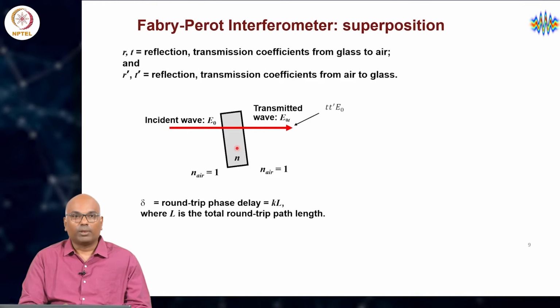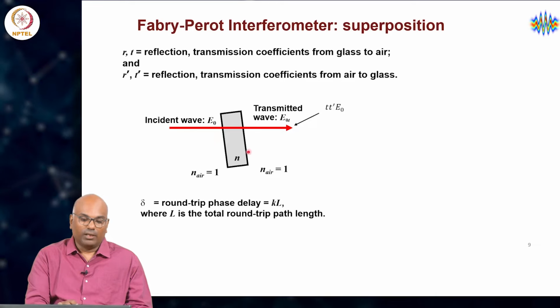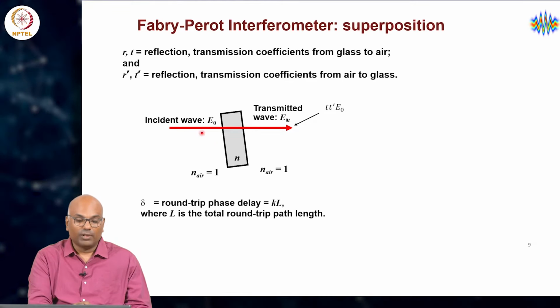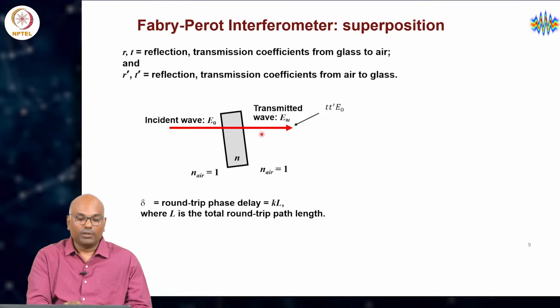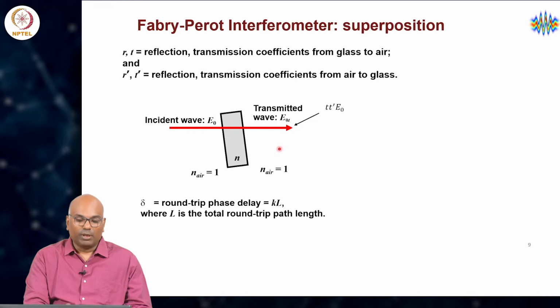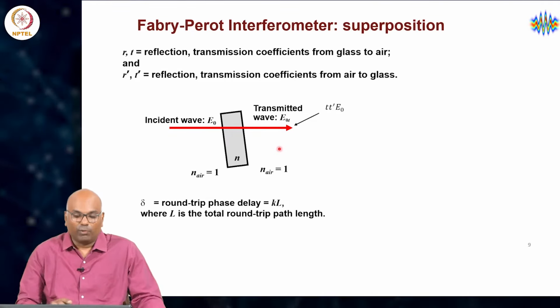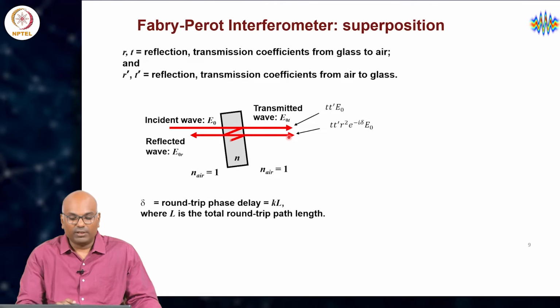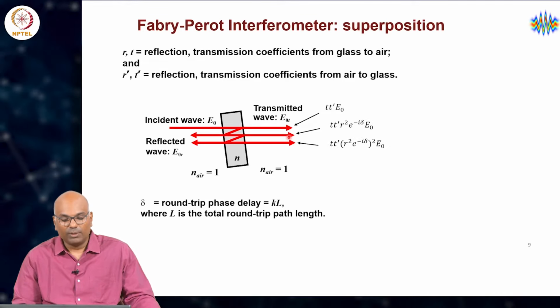An incident electromagnetic wave is shone on it, and we want to calculate the transmittance of the incident wave from the left after passing through the Etalon coming out on the right, but it does not come out after one pass; it does multiple back and forth reflections and transmissions.